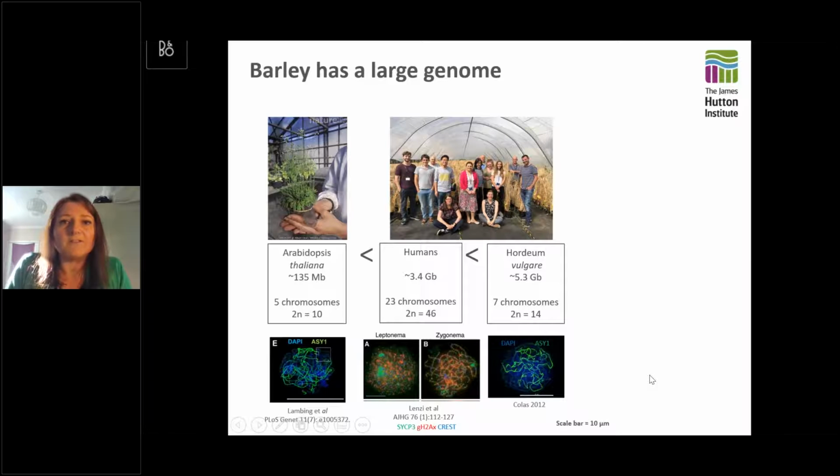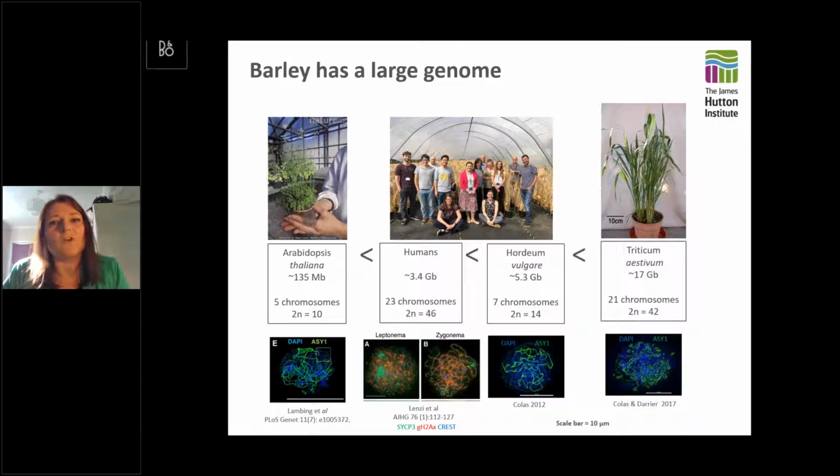And you can carry on like this by moving to a much larger crop like wheat, for example. Wheat has a more complicated story because not only is the genome 3 times larger than the barley one, but it's also polyploid. It's got 3 different genomes at once, organized in 21 chromosomes, which makes 42.